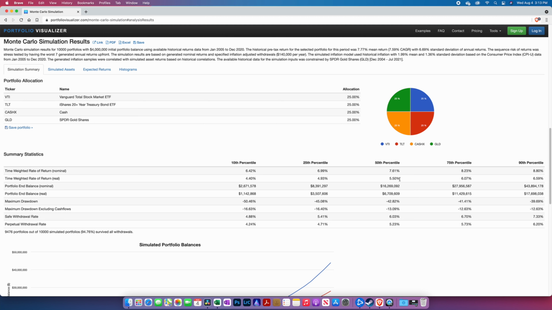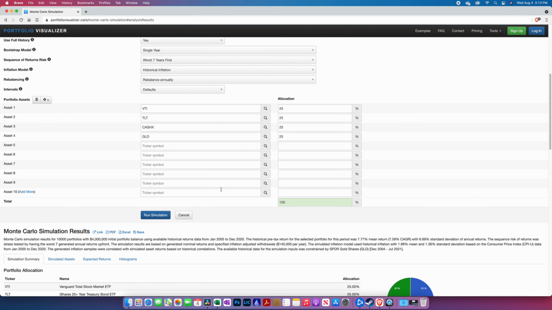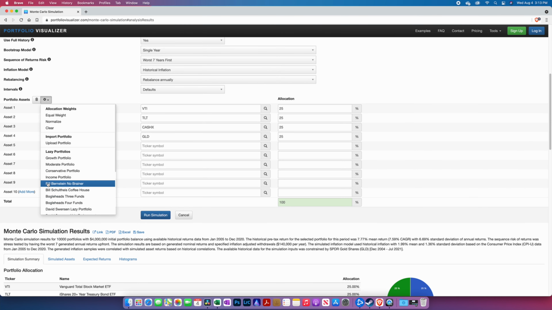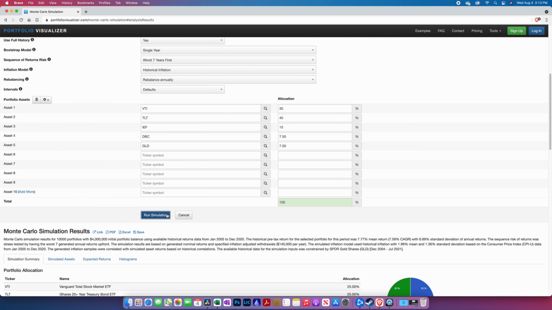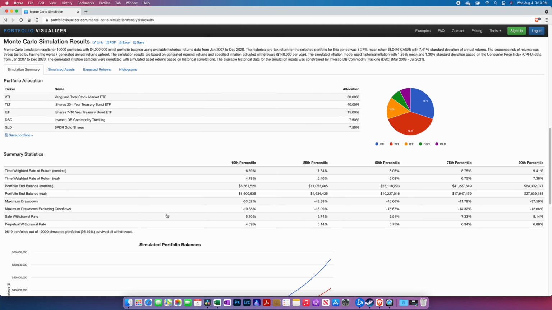But you can see in the most likely scenario that the rate of return is a lot less, and the worst max drawdown is also a lot worse than what we had previously. If we were to switch to, say, Ray Dalio, all season, run that, okay, it too survives, right? But again, faces very similar drawdown, a little bit higher return.